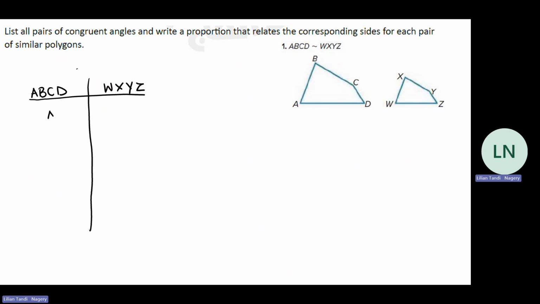That's what the question said. So congruent angles. So angle A, angle B, angle C, angle D is congruent.